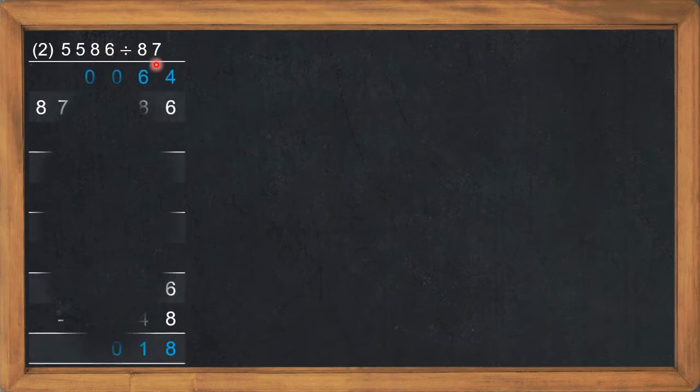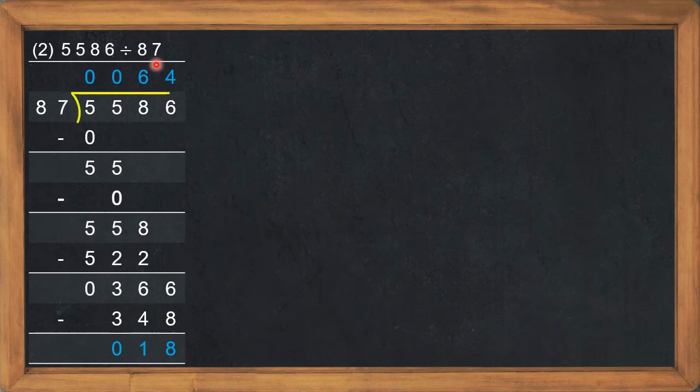Let us solve one more example. Let us divide 5586 by 87. Now here 87 is the divisor and 5586 is the dividend.